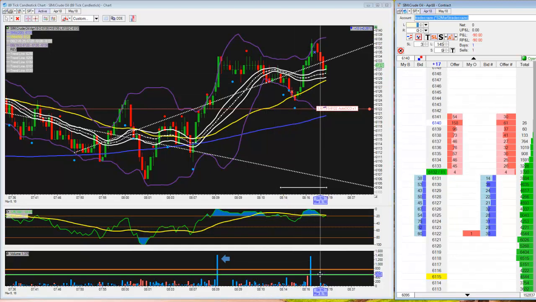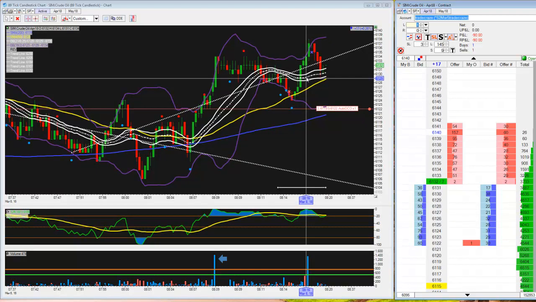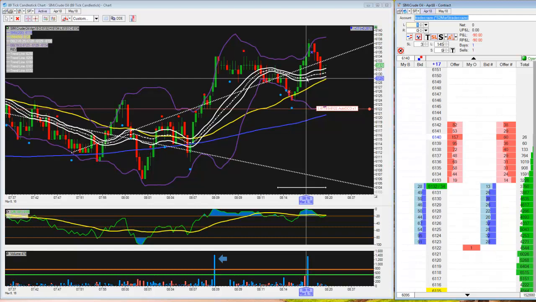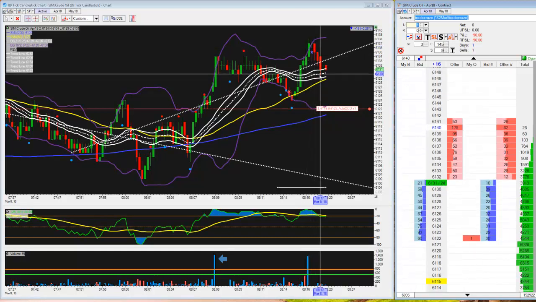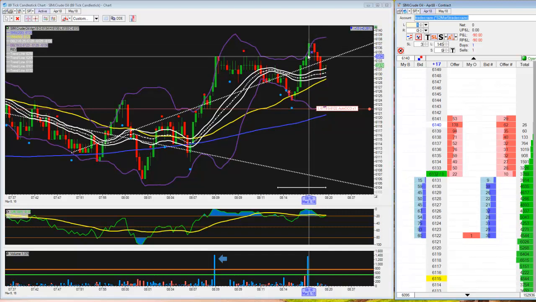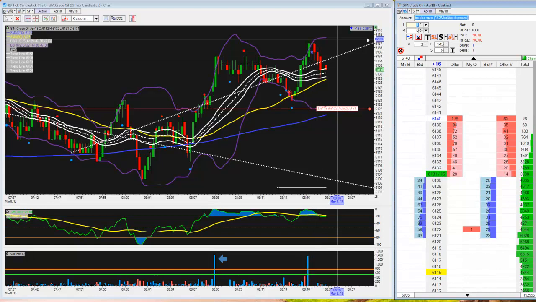Another volume bar right there. Just barely got higher by 4 ticks there. High is 40.